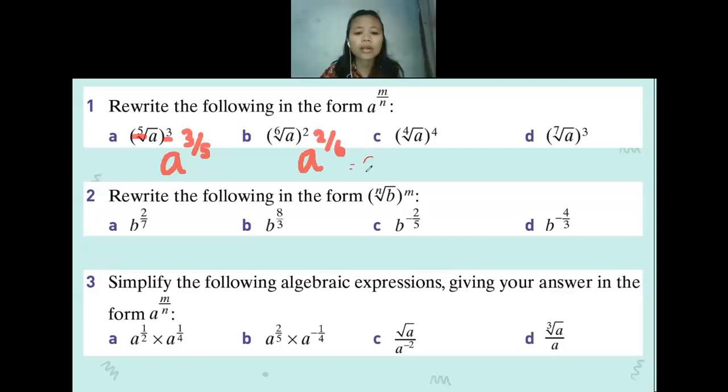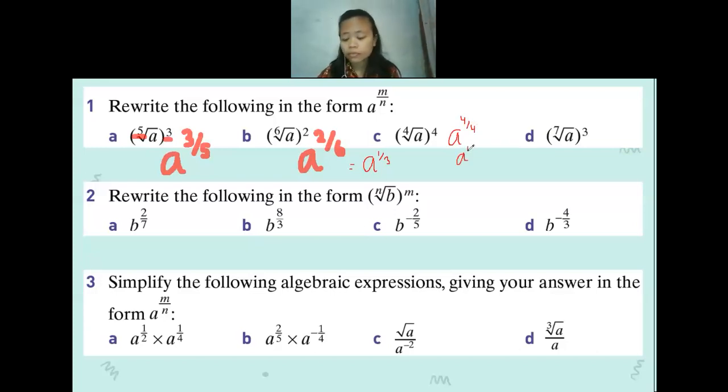Is there anyone having any confusion? No? Okay. For the question C, anyone? A to the power of 4 by 4, or we can simplify it into a to the power of 1. Thank you. Is there anyone having any confusion?